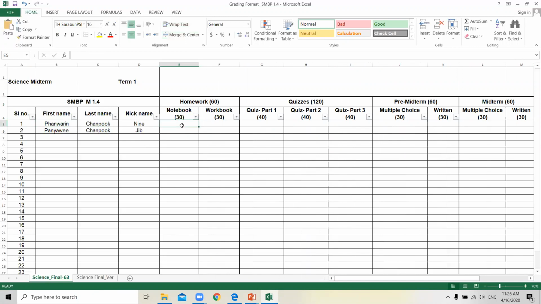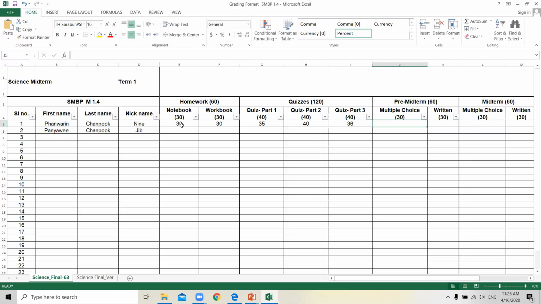If you do your notebook and workbook regularly and submit all the lessons, you can get 30, then 30. In the part 1 quiz, if you do very well, you could get at least 35 or maybe 40. Part 2, maybe 40. Part 3, maybe 36, something like that.